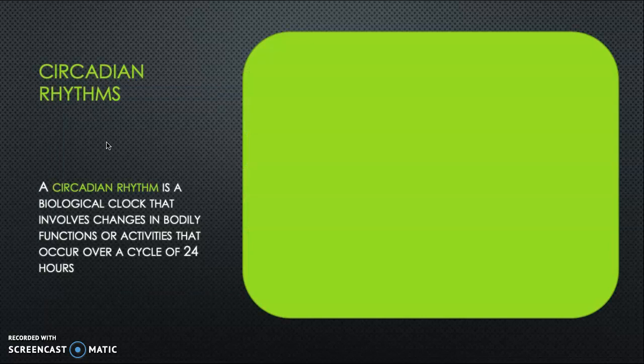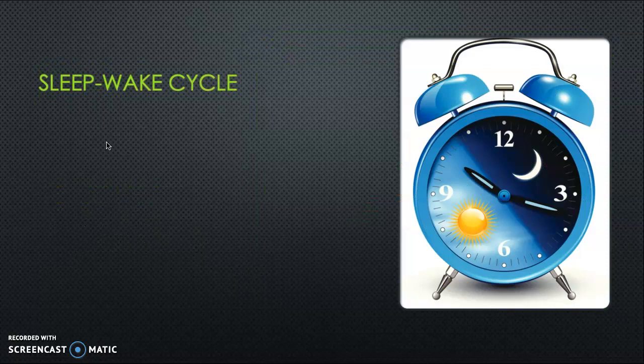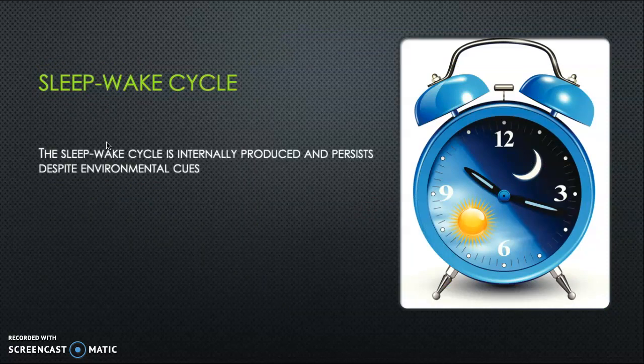So what is a circadian rhythm? We did just say this before. It's the biological clock that involves changes in bodily functions or activities that occur in a cycle of 24 hours. So you don't need to know this, but this is a good example. It includes your alertness as well as your actual sleep. So the sleep-wake cycle.